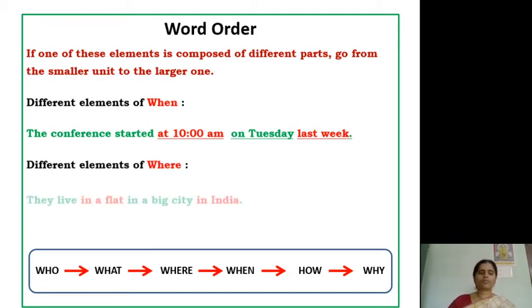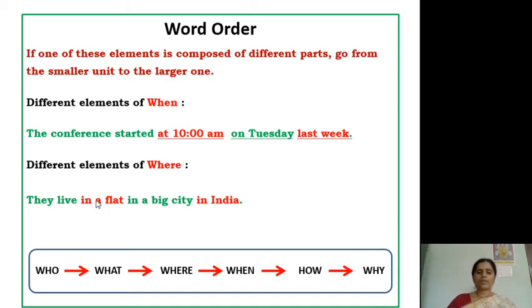Now let us take one more example. They live in a flat in a big city in India. In a flat refers to place, in a big city refers to place, in India also refers to a place. That means we have got more than one element of where. Since we have got three elements of where in a single sentence, in such a case we have to go from the smaller unit to the larger one.